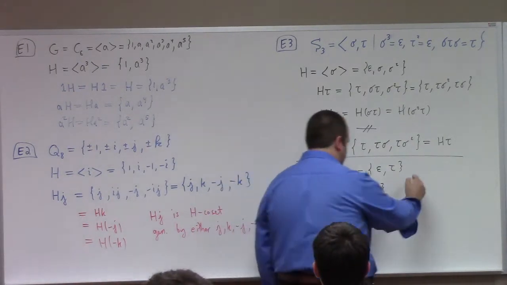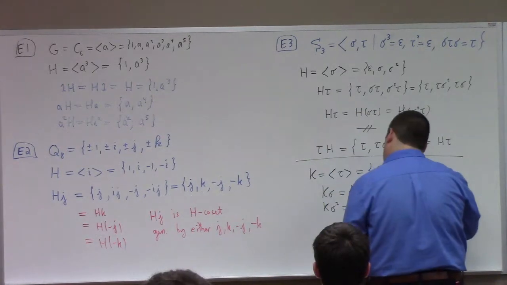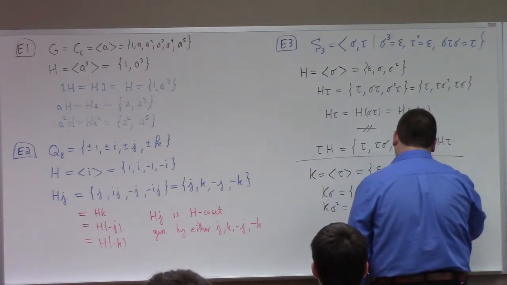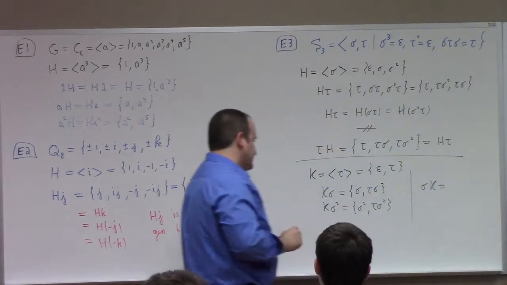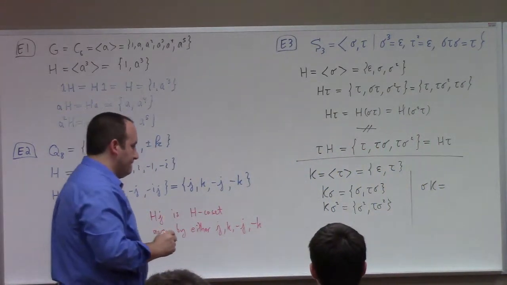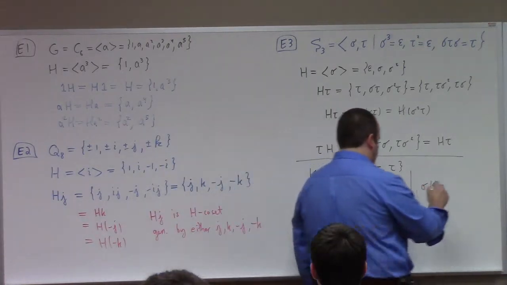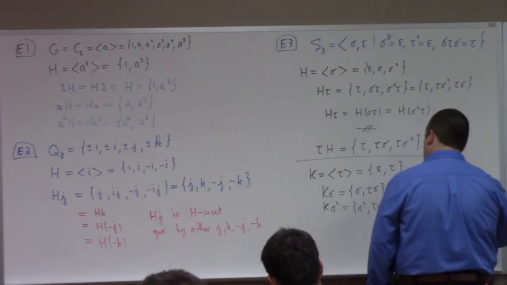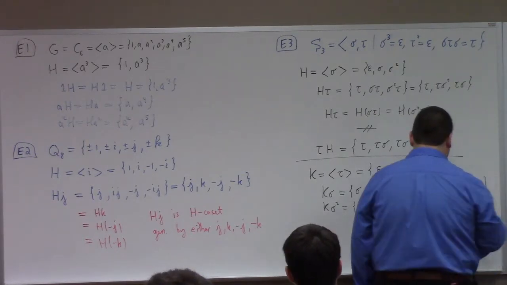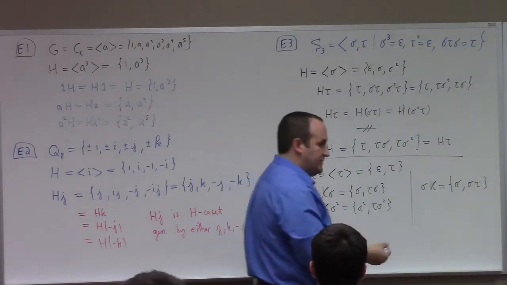In contrast, we could look at sigma K. What would that be? Okay, let's see here. Sigma tau. What is sigma tau? Sigma tau is tau sigma squared.